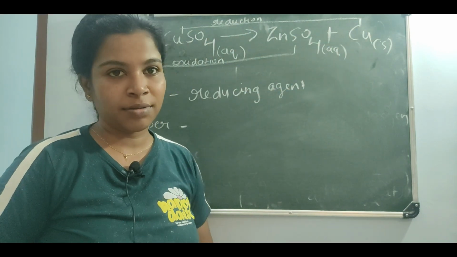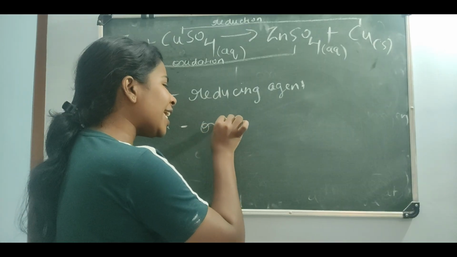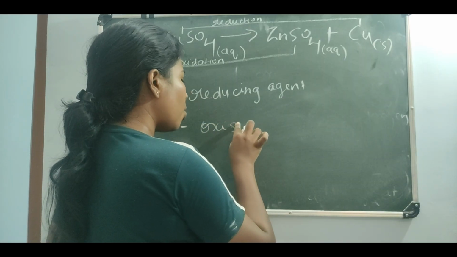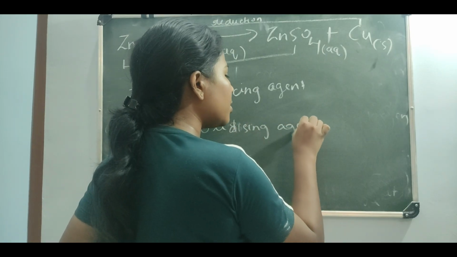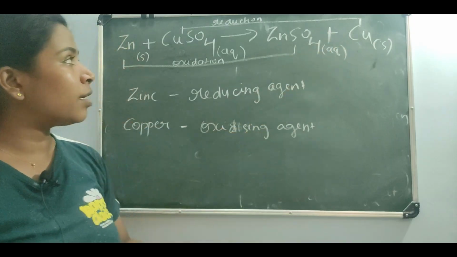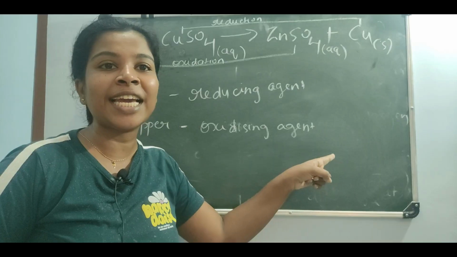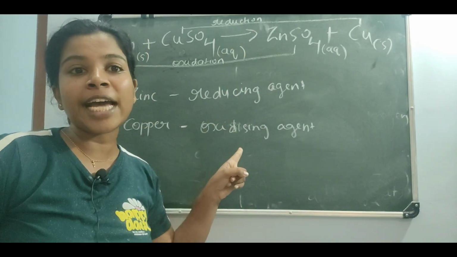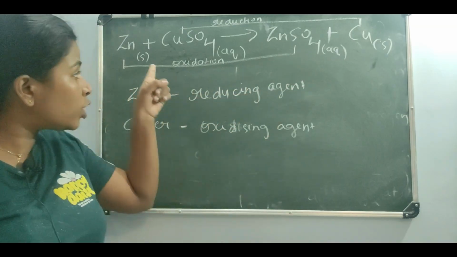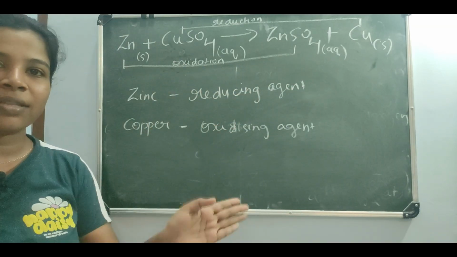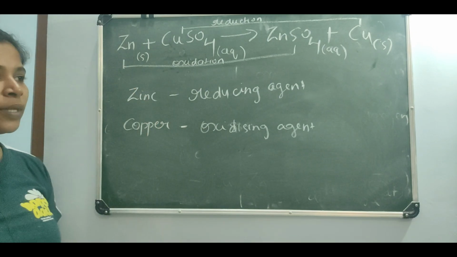Reduction happened, so copper will be the oxidizing agent. Never get confused. Reduction happened to copper, so copper will be oxidizing agent. Oxidation happened to zinc, so zinc will be reducing agent. The opposite. Understood? So don't get confused with this portion.